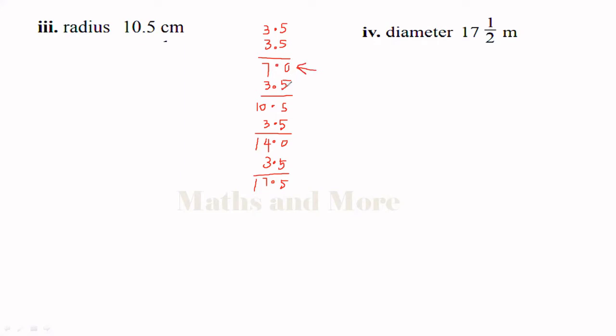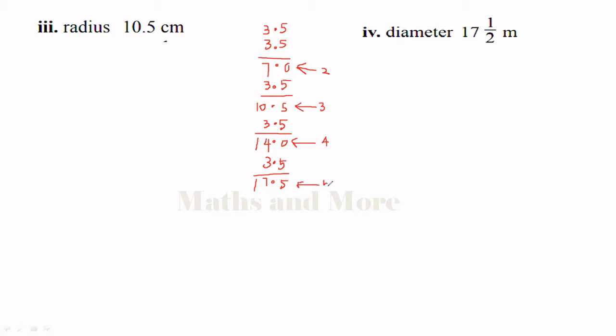When we add another 3.5, 10.5 means three 3.5s. What about 14? You can use this way for any problem. For 14, there are four 3.5s. For 17.5, there are five 3.5s.